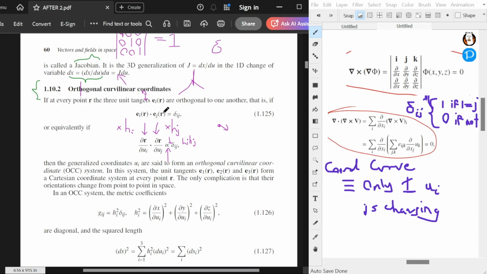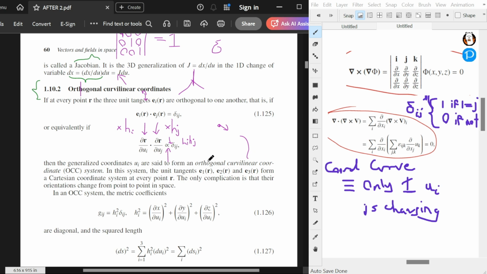That is, if this equals this, then the generalized coordinates u_i are said to form an orthogonal curvilinear coordinate system. OCC, orthogonal curvilinear coordinate system.